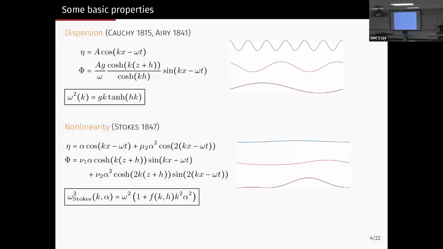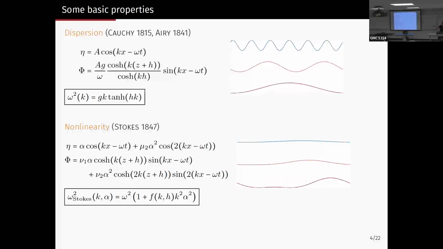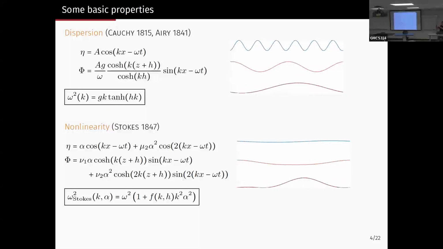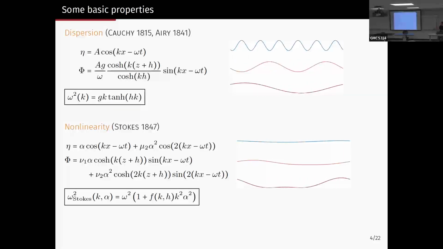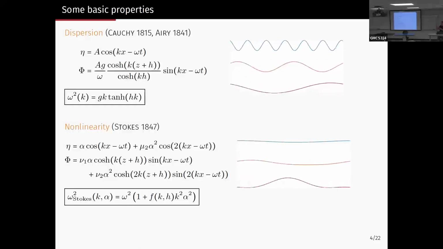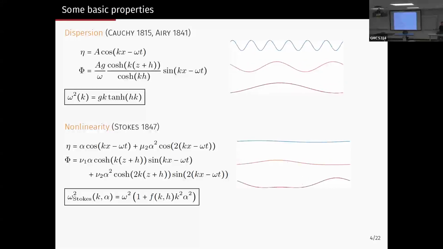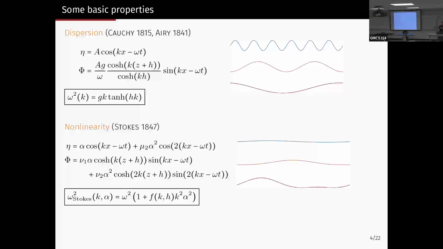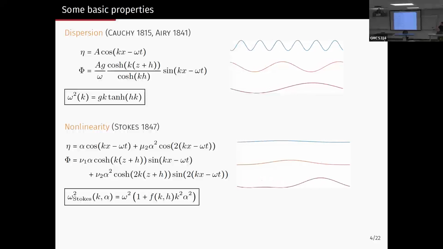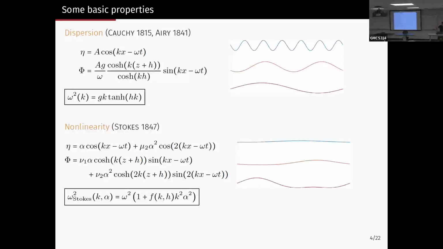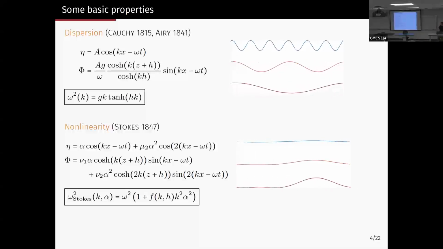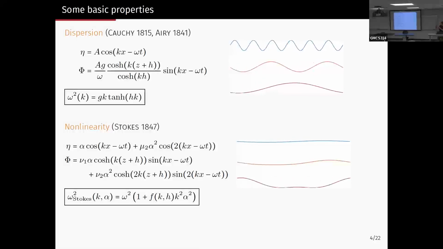But for example, you see at the sea that waves are not cosines, and sometimes you have waves that are not cosines. They have a persistent form. So Stokes was interested, how can this happen? If you have, for example, a wave that is not a cosine, and from Fourier analysis we know it will be a sum of cosines, how will this thing travel without changing form? And he found out that if you go to second order in nonlinearity, you see that the wave speed also depends.